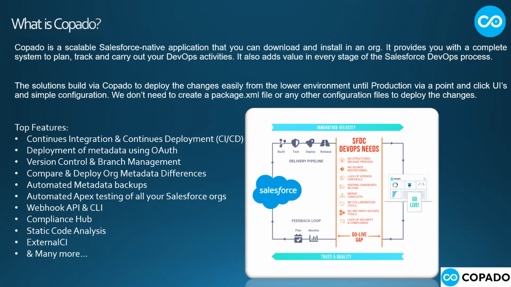But right now Copado gives a feature: if the user story has an apex class, Copado will automatically identify that it is an apex class, and we can restrict the developer from deploying. I mean, if it is not 75, don't deploy, just block the deployment. Like that we can restrict at the first layer itself.